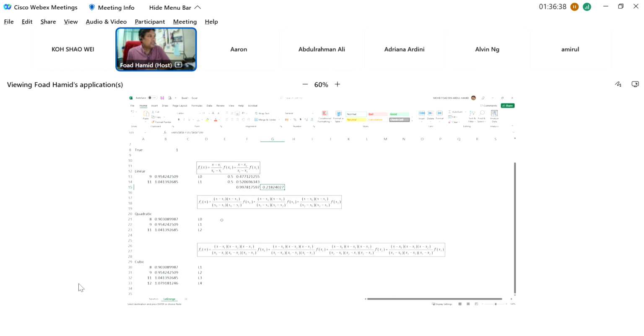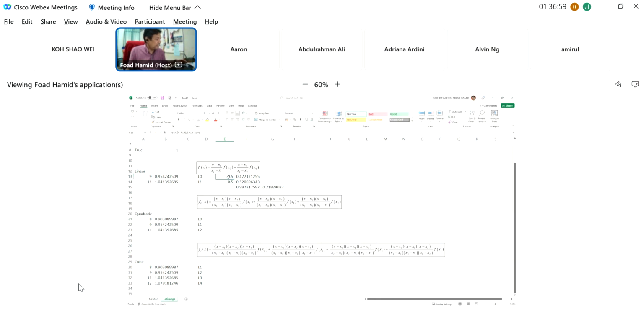So L naught is just, again, x minus x1. Unfortunately, I cannot just copy this because there are different terms here. I can copy this, but I need to put extra.